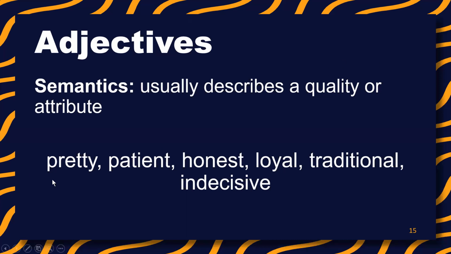So these are usually words that describe a quality or attribute of a noun, a person. For example, a pretty woman. So pretty is a word used to describe a quality of a person.